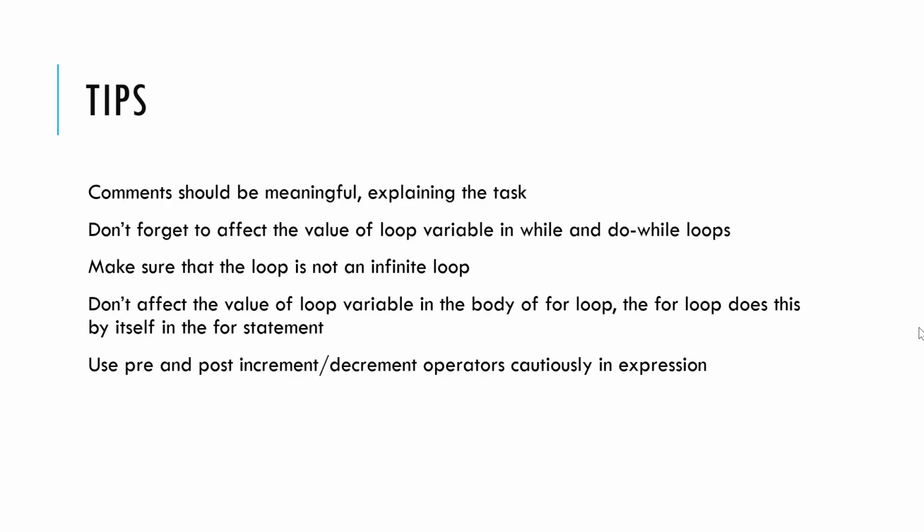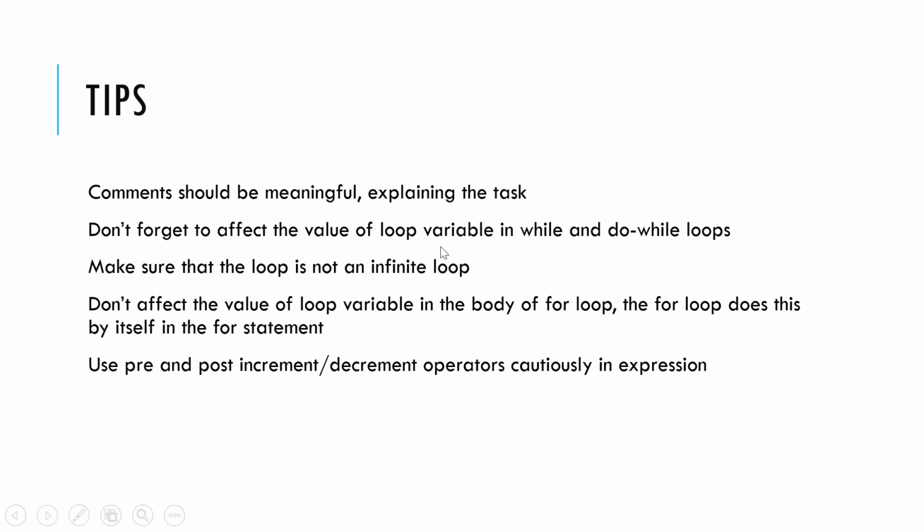Now coming towards tips. First, you should always comment liberally, and meaningfully, explaining the task. Secondly, don't forget to affect the value of the loop variable in while and do while loops. The value of the loop variable or loop condition is changed inside the block of statements below the while loop and do loop.